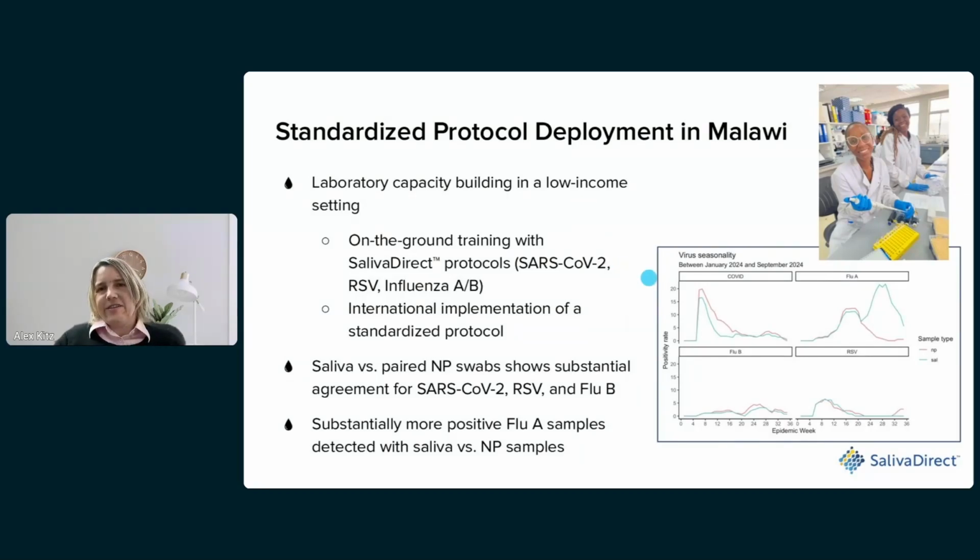And over the course of this project, since January 2024 up to September 2024, we were able to display that there is a substantial agreement in COVID, flu B, and RSV detection compared between NP swabs and saliva, and that saliva even was able to catch a second peak of flu A in this project that was missed by NP swab testing.